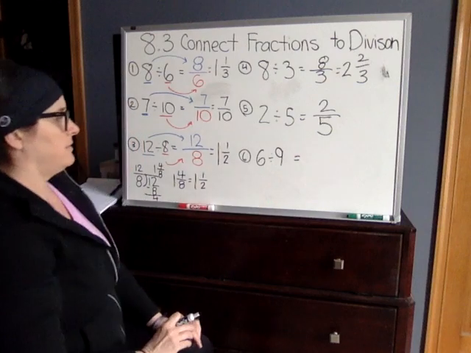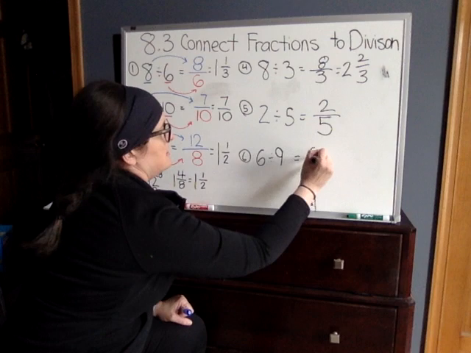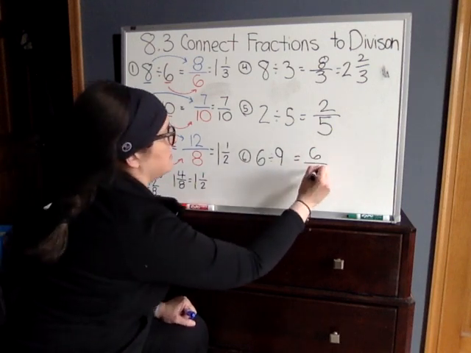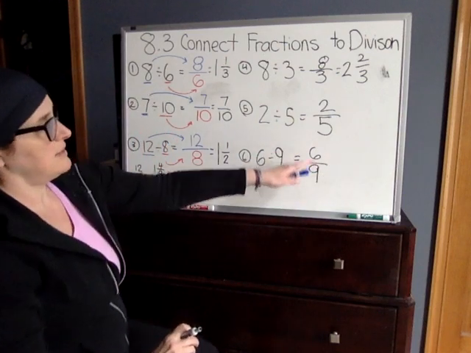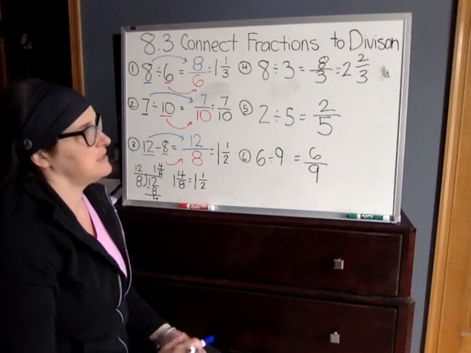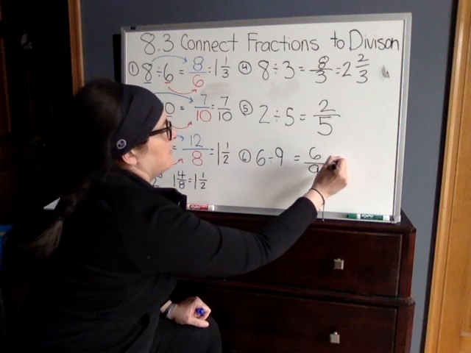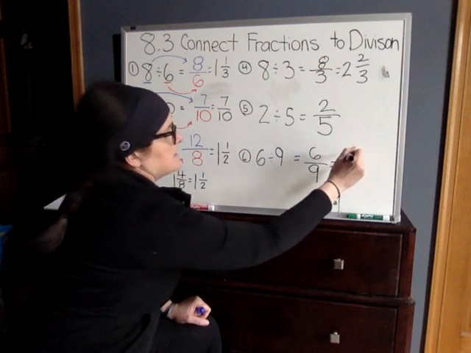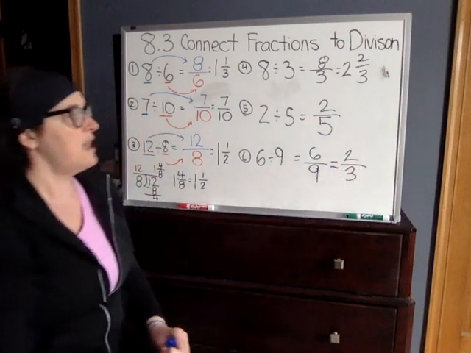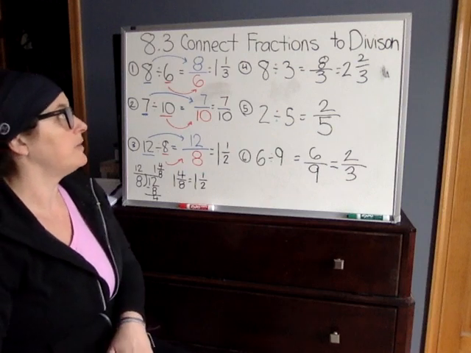And our final problem here, number 6, 6 divided by 9. 6 is your first number that goes on top. 9 is your second number that goes on the bottom. 6/9 can be reduced. We know that 3 goes into both 6 and 9, so when we reduce that, 3 goes into 6 2 times, 3 goes into 9 3 times, and 2/3 is your final answer for that problem.